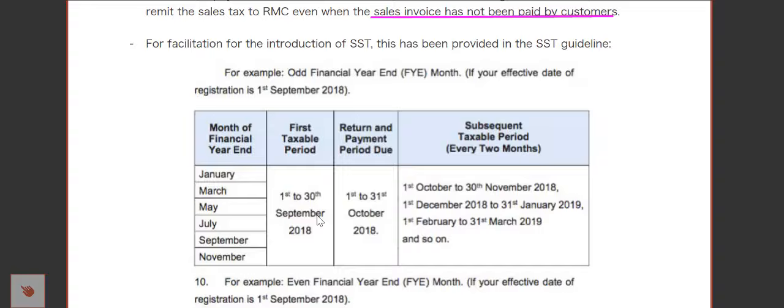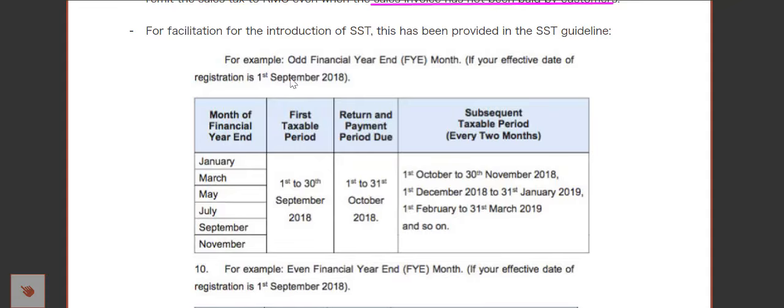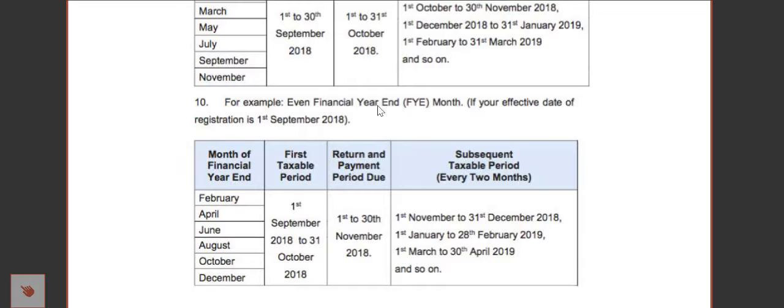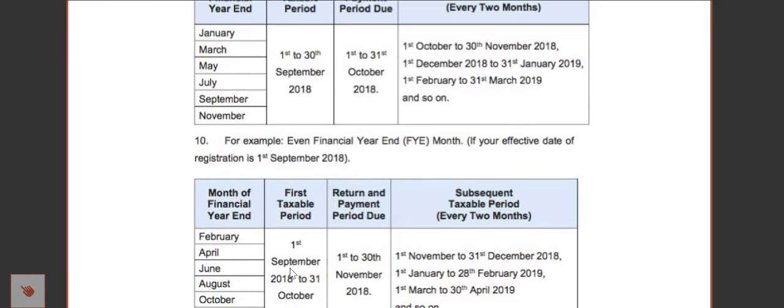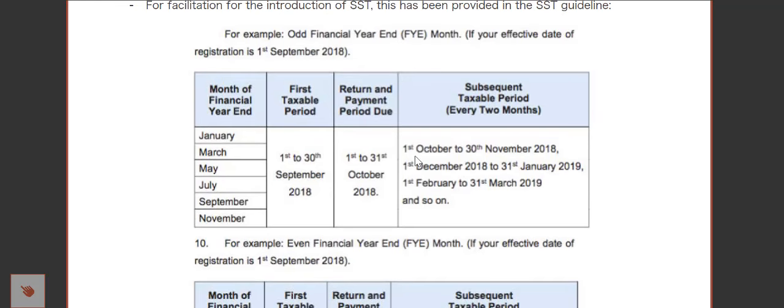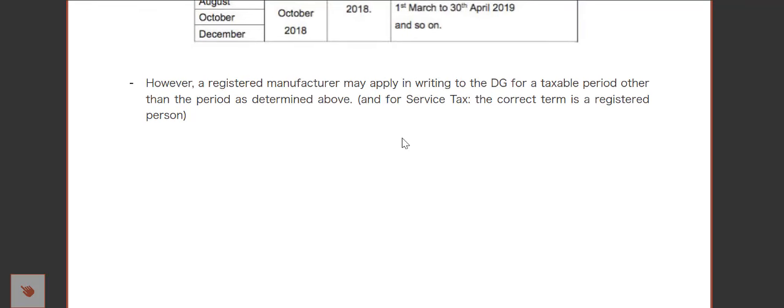So at that time there was a transitional rule where, if you have an odd financial year end, then your first taxable period is from September to October. But if you have an even financial year end, your first taxable period will still start from September, but end in November. So you notice it's a bit different, because this is actually a 3 months period, but that's only for the initial stage of the implementation of SST. So I don't think that's important for you anymore. Just forget it. It's not relevant.